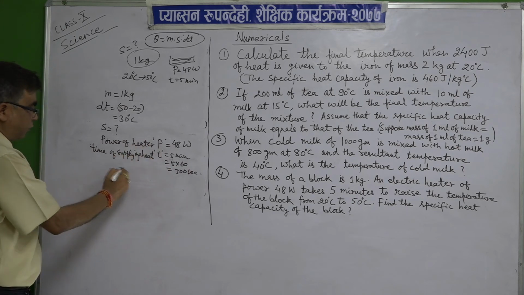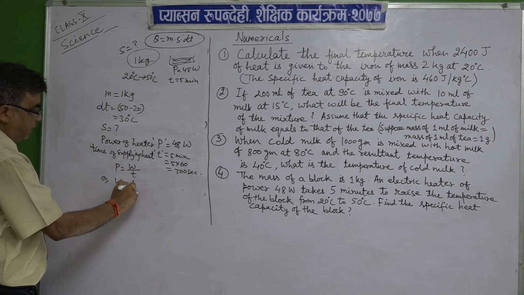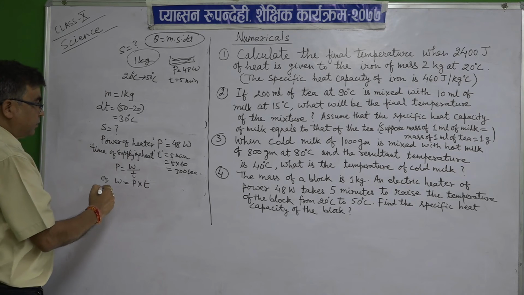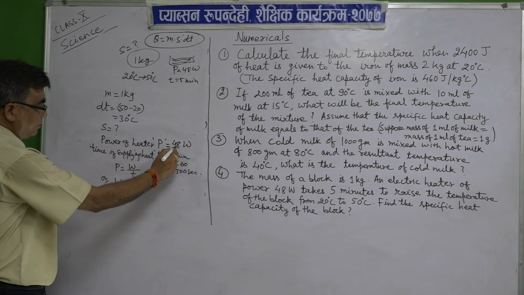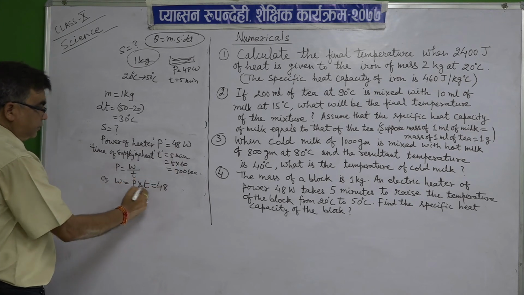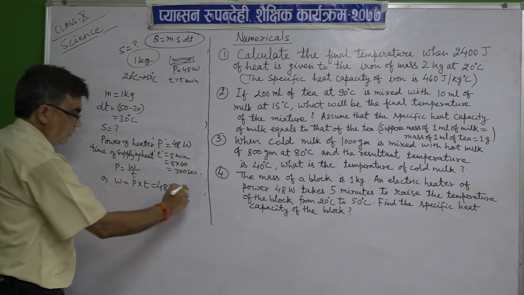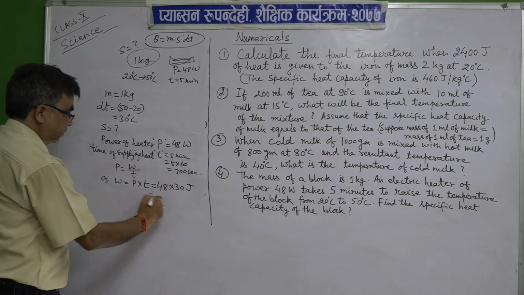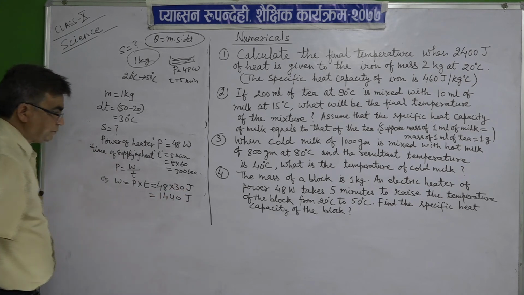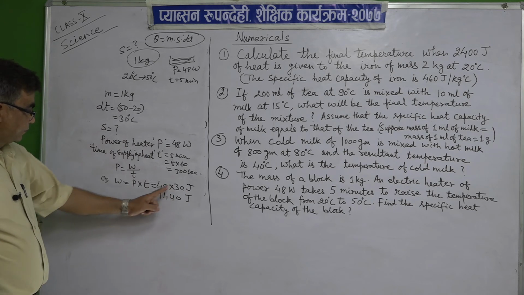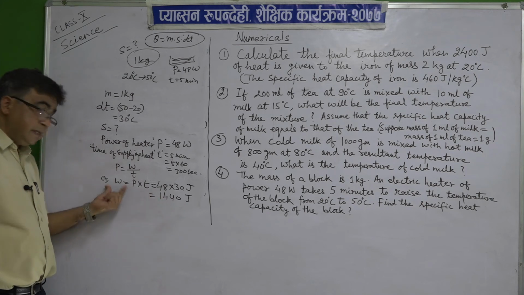Now what is power? We know power equals work upon time, or work equals power into time. Clear? Work equals power into time, and that is equal to 48 into 300. So this is work, SI unit of work is joule. So it comes here 14400 joules. Now, work is in joules, heat is also this.